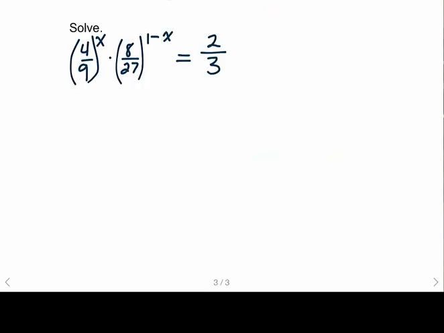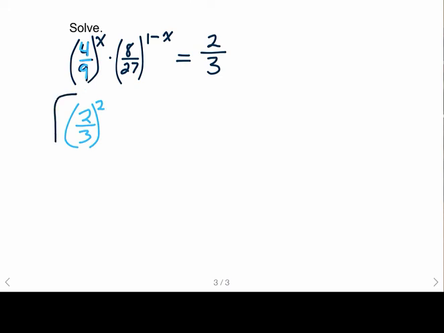Last, but by no means least, we have 4/9 to the x plus 8/27 to the 1 minus x is equal to 2/3. If we look closely, that 4/9 could be written as having a base of 2/3. Since 4/9 is 2/3 squared, I'm going to write that.